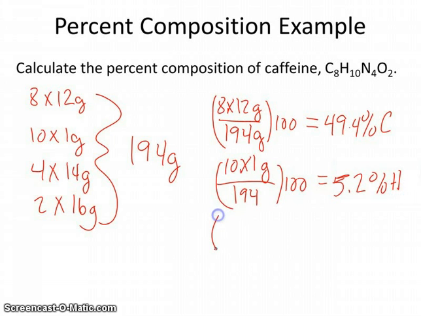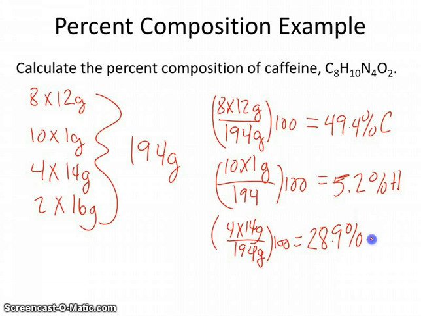Nitrogen, 4 times 14 divided by the 194 times 100 is 28.9% of the total. And finally, the oxygen is 16 times 2 divided by 194. That comprises 16.5% of the total.